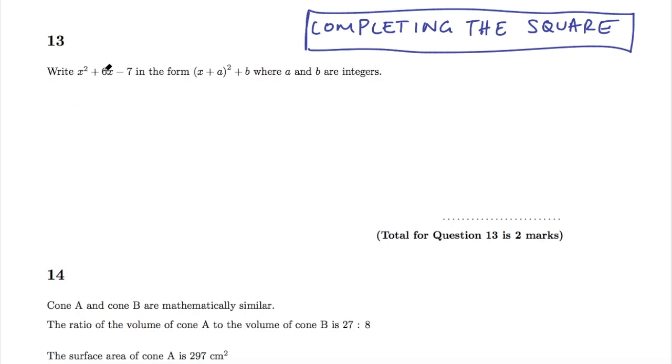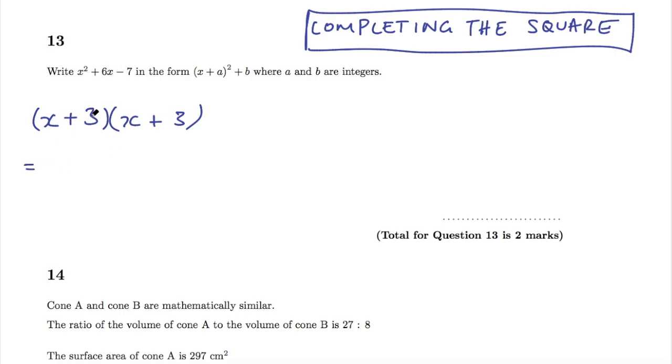So if we take x squared plus 6x minus 7, the first thing I want to do is write that into two brackets. The way we do this is we take this middle value, 6x, and we half that to get the second number in the brackets. In this case, it'll be plus 3 and plus 3. And the reason I do that is to get that coefficient of x to be 6.